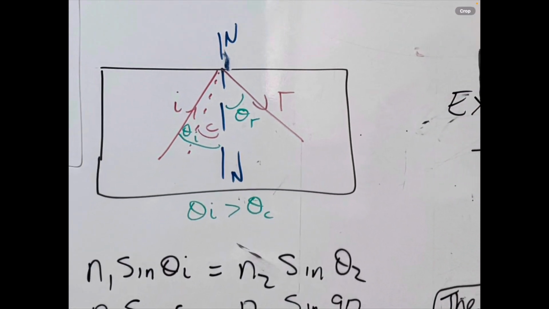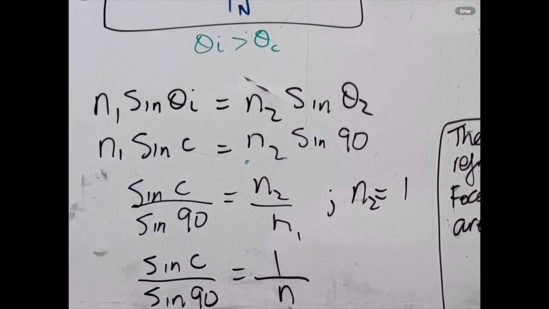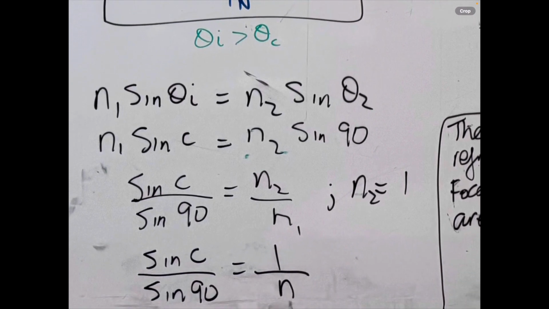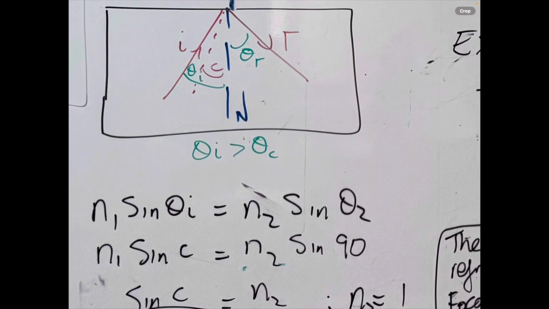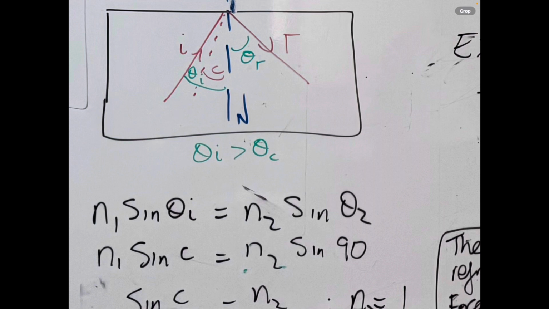In this case, the incident angle is more than the critical angle, and that is why you will have total internal reflection. This can be represented by Snell's law equation, where N1 is the refractive index of the material, and N2 is the refractive index of the air. So we have sine theta I and sine theta 2.